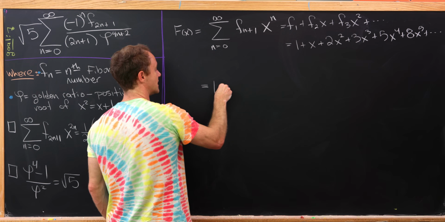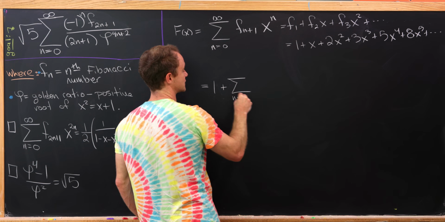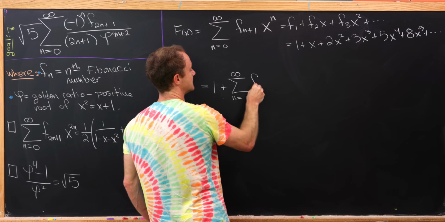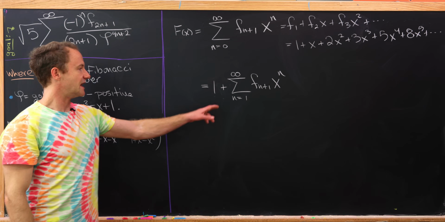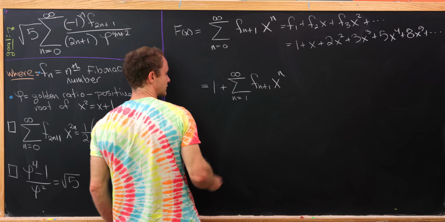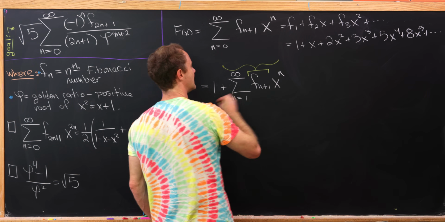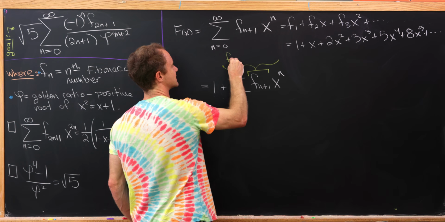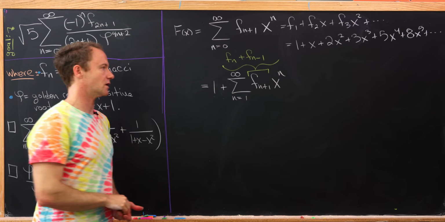So I'll have 1 plus the sum starting at n equals 1 to infinity of F_(n+1) x^n. And now I'm going to use the Fibonacci recursion on this F_(n+1) term. That's probably well known. That'll give us F_n plus F_(n-1).